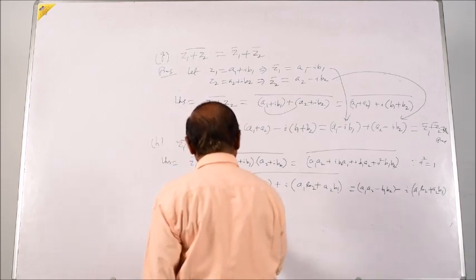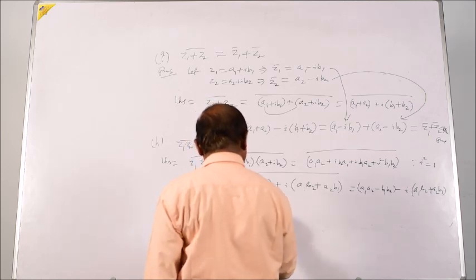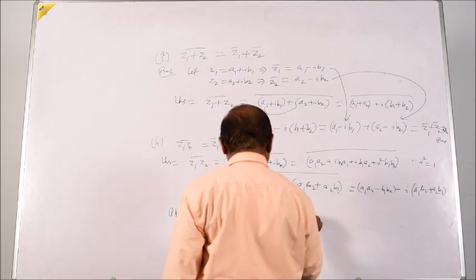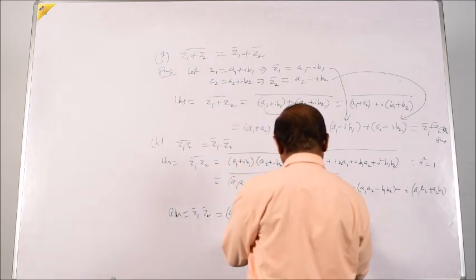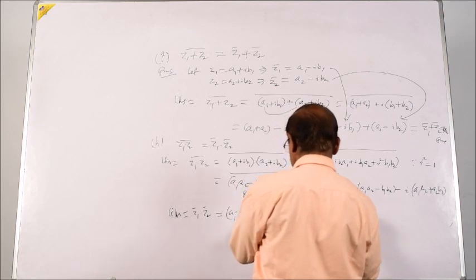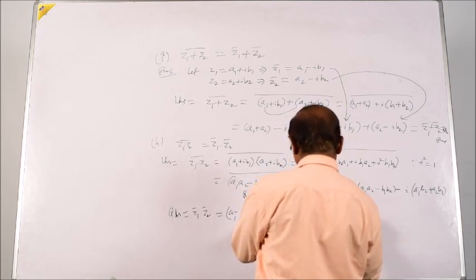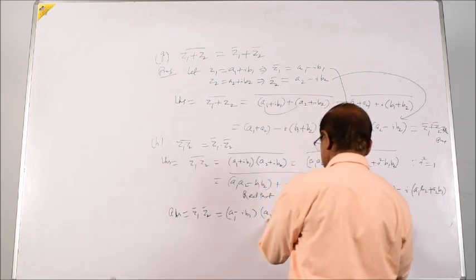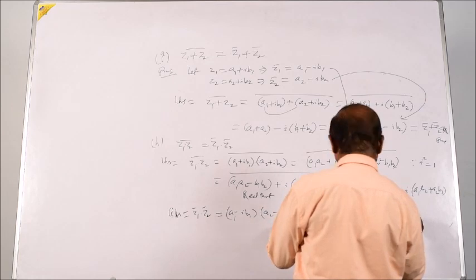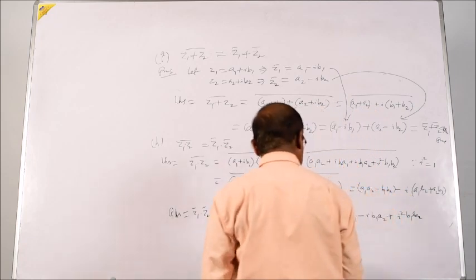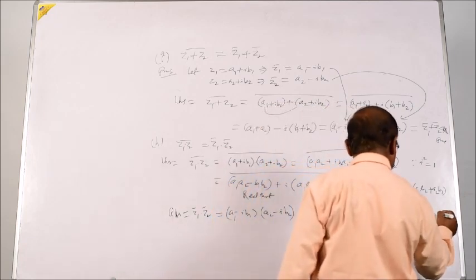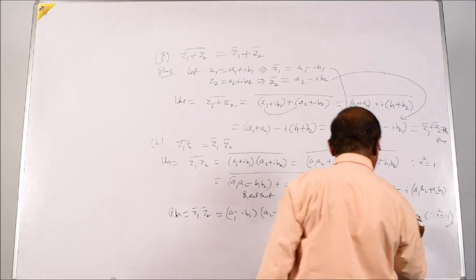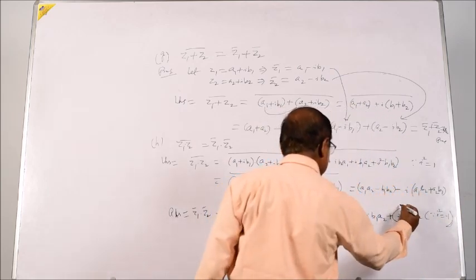So z1 bar is a1 minus ib1, z2 bar is a2 minus ib2. This will be a1 a2 minus i b2 a1 minus i b1 a2 plus i square b1 b2. I have told you that i square is minus 1.